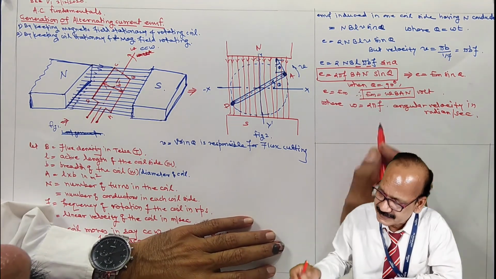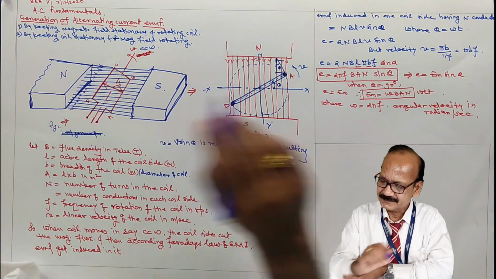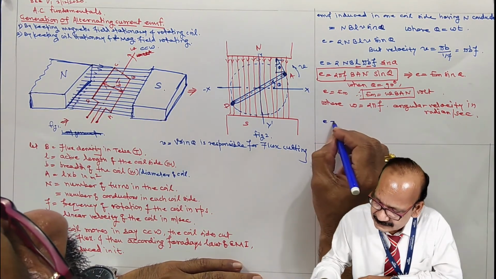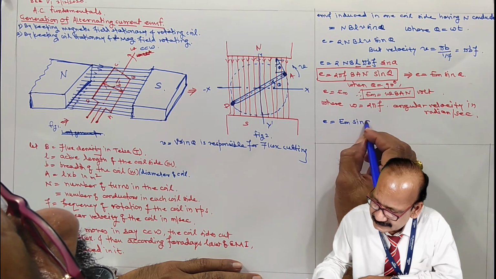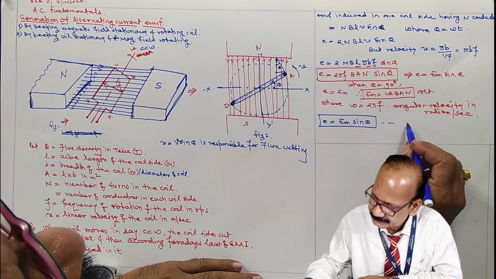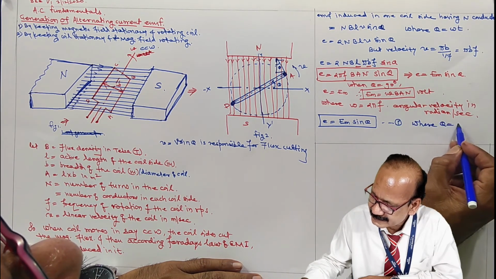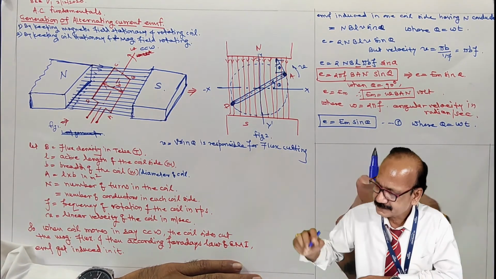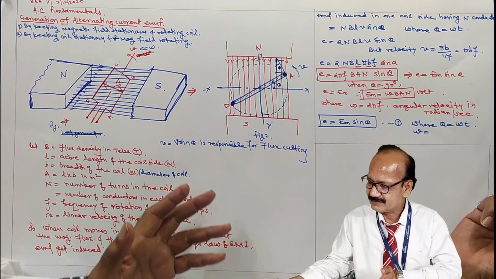So this equation is of a sine wave, standard sine wave E max sin theta, where theta equal to omega t. Because the angular velocity is displacement upon time.